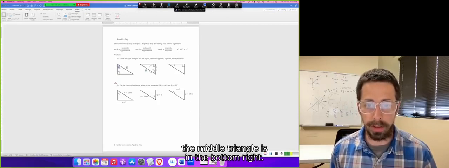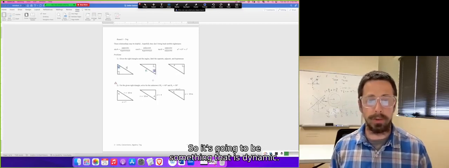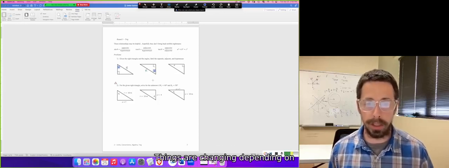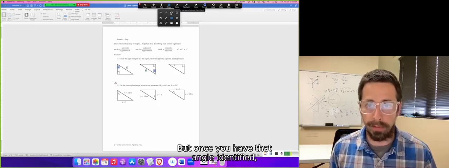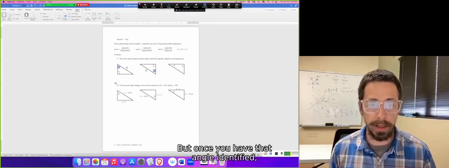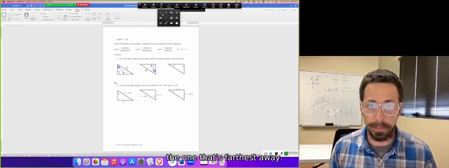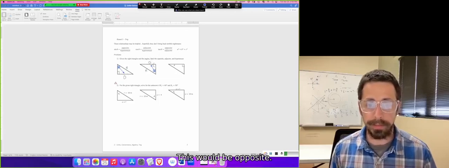The angle for the middle triangle is in the bottom right. So it's going to be something that is dynamic. Things are changing depending on what angle you are considering. But once you have that angle identified, you should be able to identify the opposite very, very easily, right? The one that's the farthest away. So this would be opposite, this would be opposite.